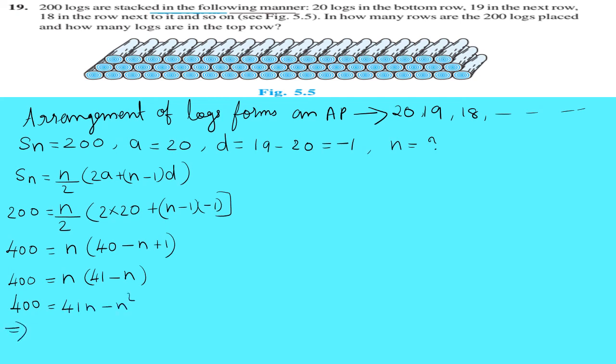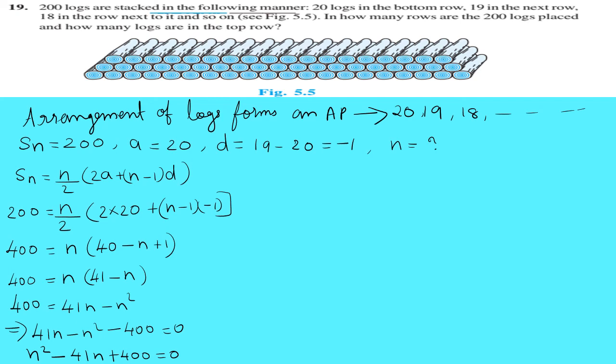You can write this as n square minus 41n plus 400 equal to 0.